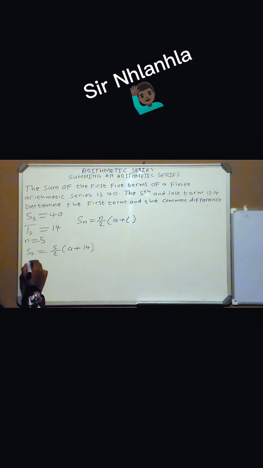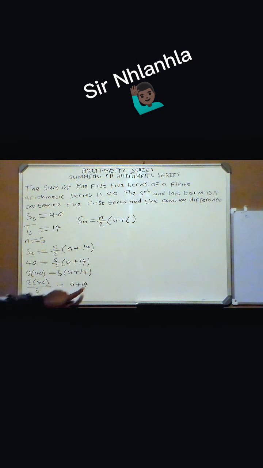S sub 5 is 40, so 40 equals 5 over 2 multiplied by a plus 14. Cross multiply, and then I'll have 2 multiplied by 40 equals 5 multiplied by a plus 14. Because I want to make a the subject of the formula, I will divide by 5, then transpose the 14. So I'll have 2 multiplied by 40 divided by 5 equals a plus 14.